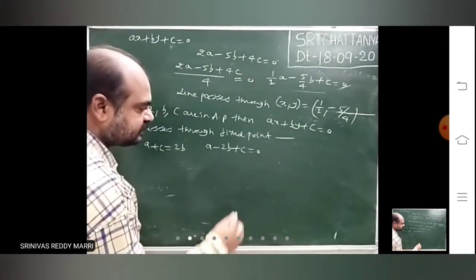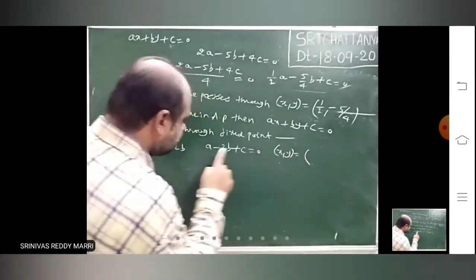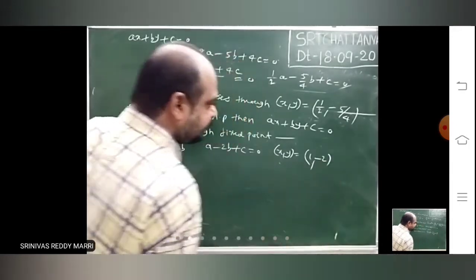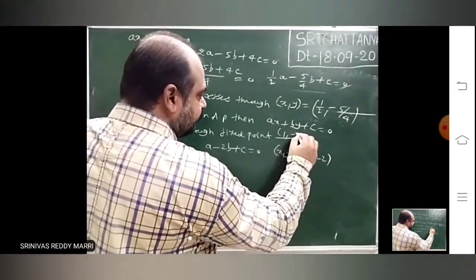Now x comma y is what? A corresponds to 1, B corresponds to minus 2. That means it always passes through the fixed point 1 comma minus 2.